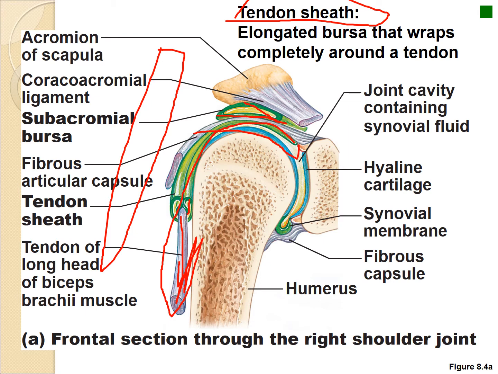So these are incredibly complex, and they're an extra barrier, but particularly they're a cushion for muscle movement. When you have this tendon that pulls back and forth, you don't want it rubbing directly against that bone, and it acts like a little lubricating effect.